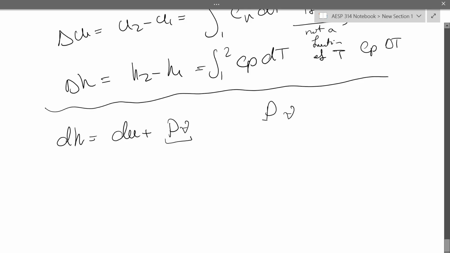When you are dealing with a specific volume, the ideal gas law is Pv equals RT, right? And this R is the gas constant, not the universal gas constant. So the n doesn't really play a role in our calculation. What is n? The number of moles. We don't really do moles here. Okay. So let's replace that. dH is equal to du plus R dT, right?